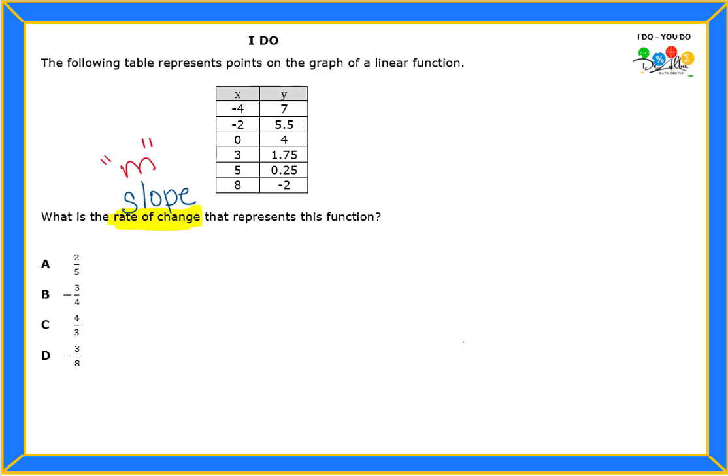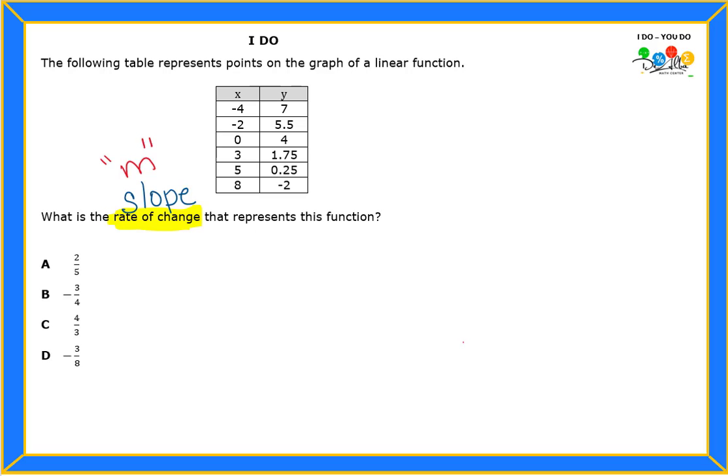Very good. So let's suppose I write an equation, y equals mx plus b, then m will be my slope. So let's think about the rate of change. If you remember from previous lessons, the way that we can find rate of change is kind of like finding a pattern.